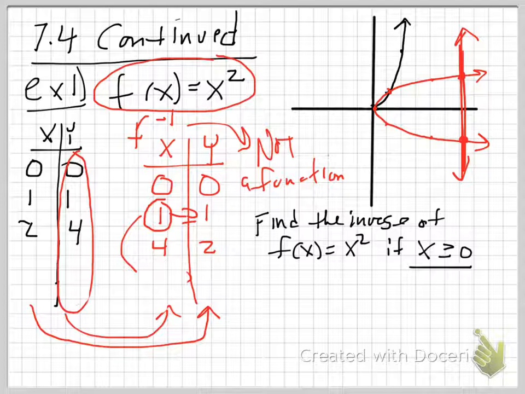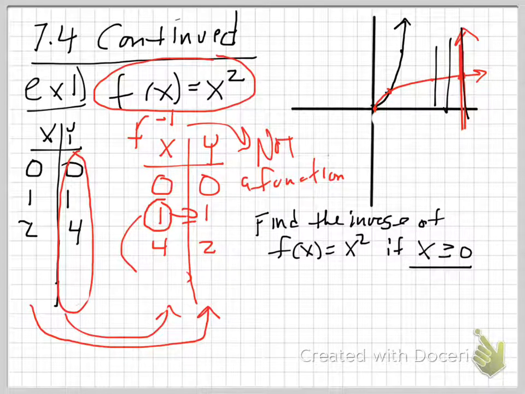And so the only points we would have been able to plot would have been 0, 0, 1, 1, and 4, 2, which is the top part of that inverse. Now, if we were to draw that vertical line, you can see it only hits one part, and it's now a function. So that's what we'd have to do.